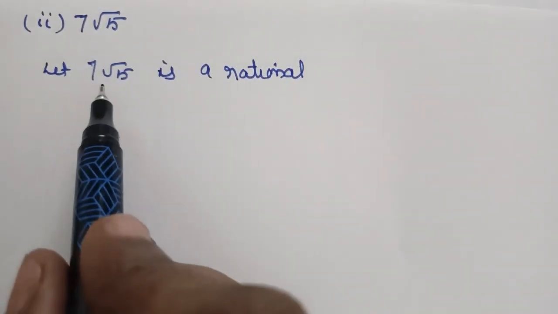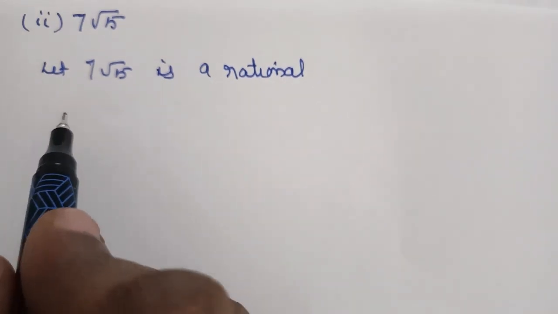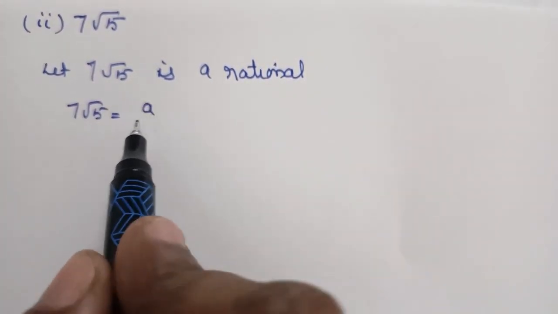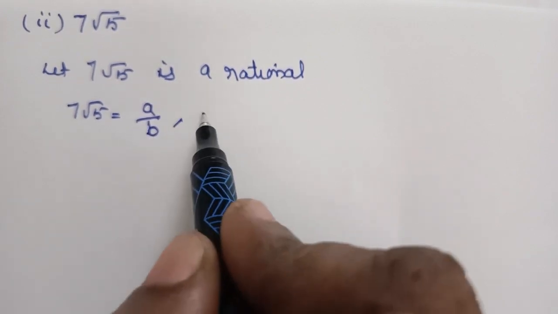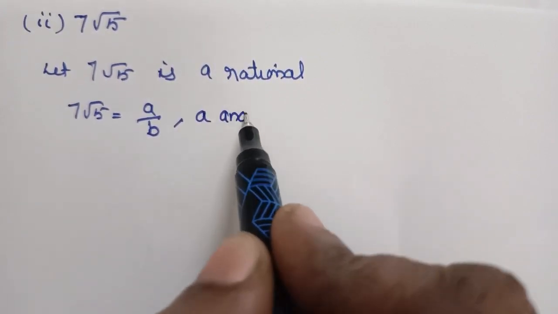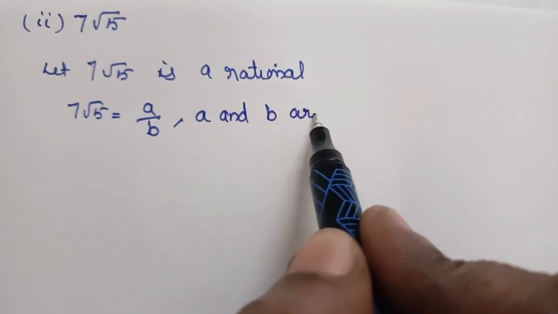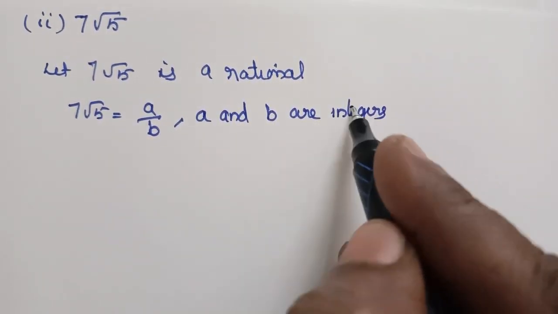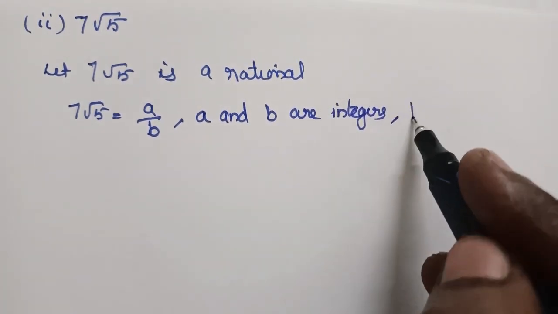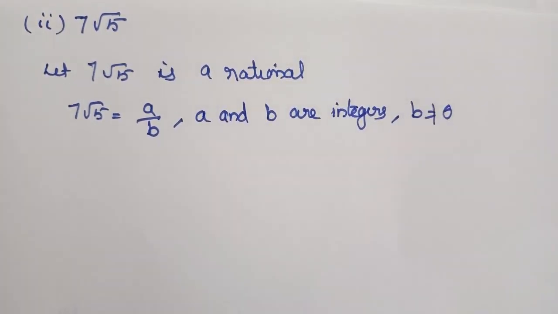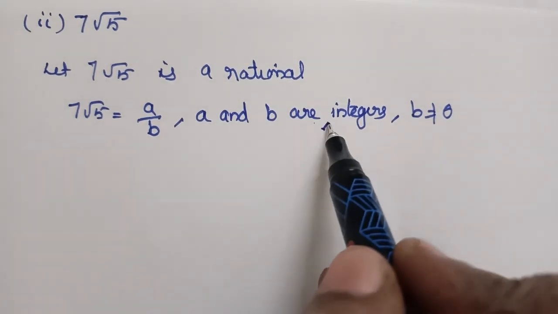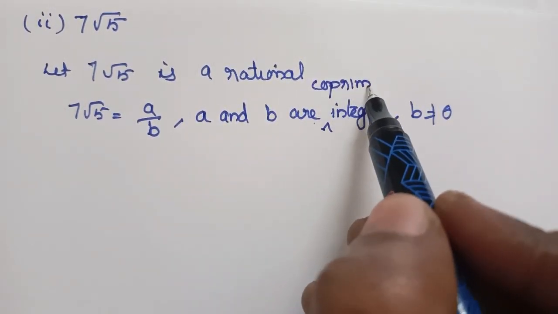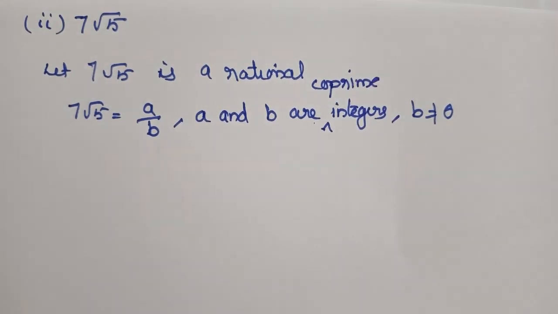Then we get 7 root 5 equal to a by b, where a and b are co-prime integers with no common factor and b not equal to 0.